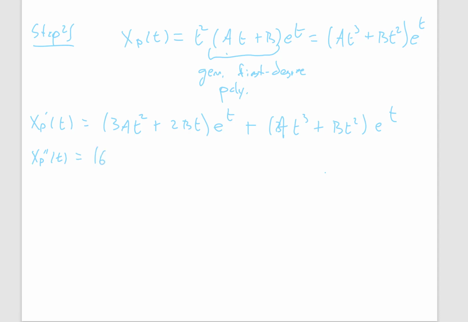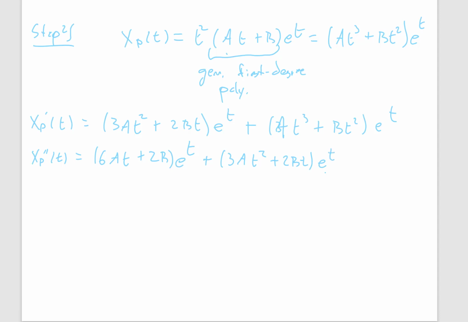So this is (6a t plus 2b) e to the t plus (3a t squared plus 2b t) e to the t.